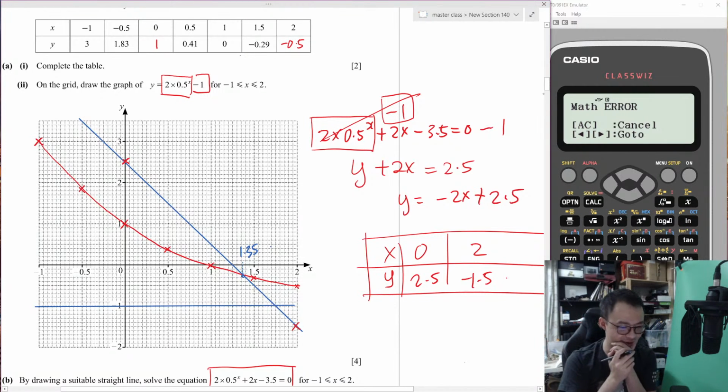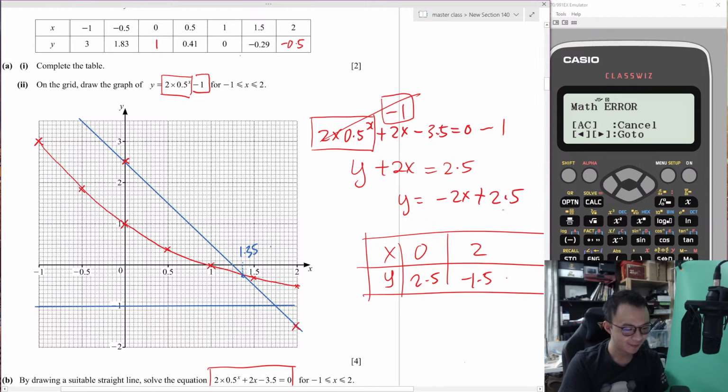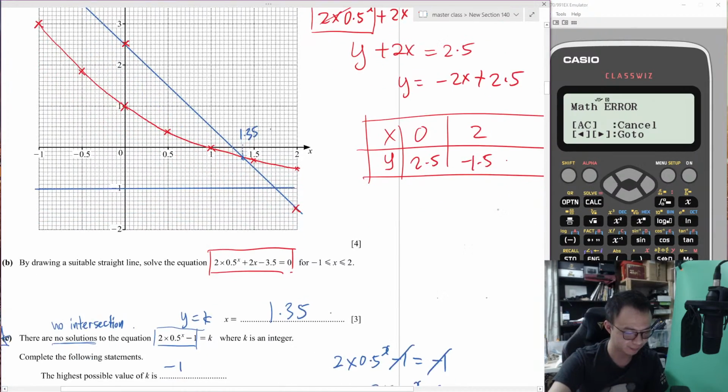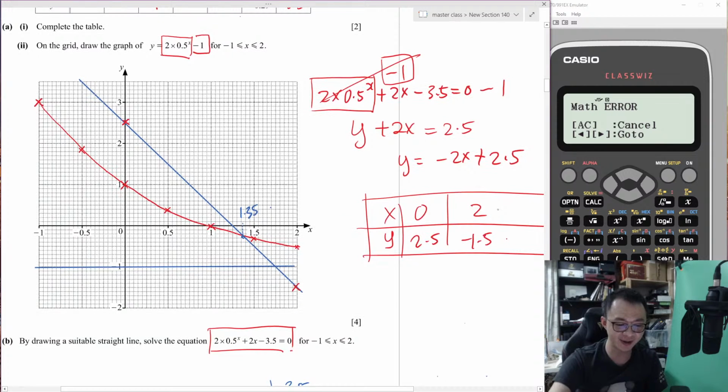Y minus by 3. I don't have any minus by 3 here. The minus 3.5 is basically given by question one, isn't it?